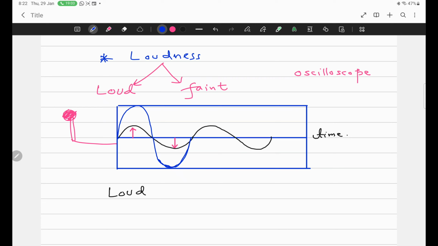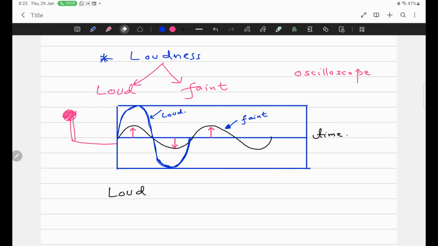If the amplitude of the wave is large, then it is the trace of a loud sound. And the amplitude of this black wave is small amplitude. If the amplitude is small, then it means it is a trace of a faint sound.